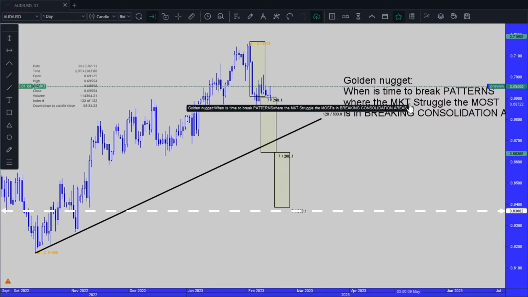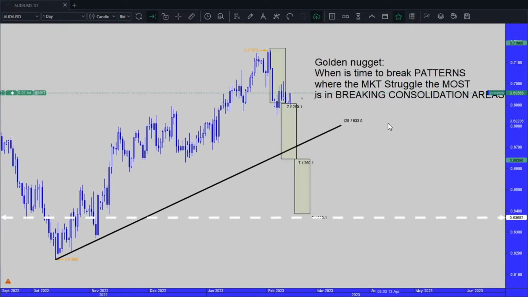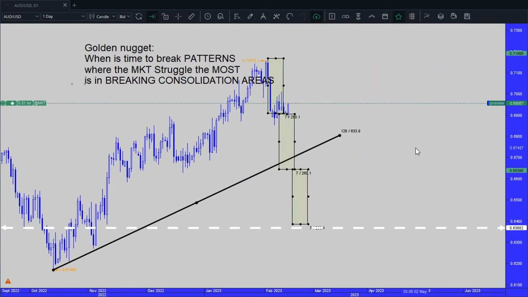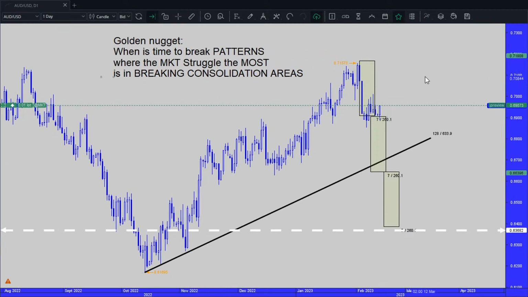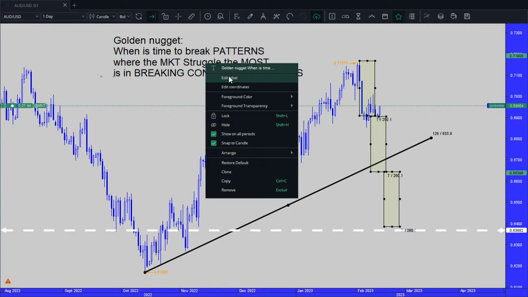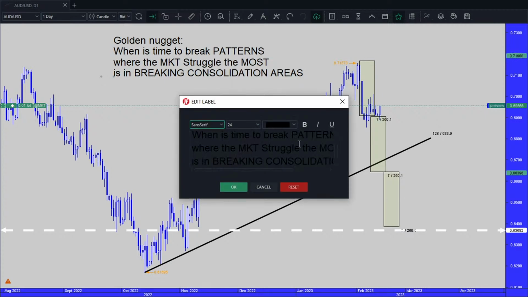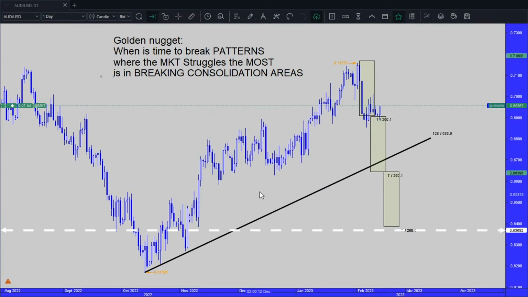So right now, boss, but we don't know this. Yeah, fair enough. That's why you're here, you know. So it's a concept. When the market breaks patterns, where the market struggles the most, is in breaking consolidation areas.